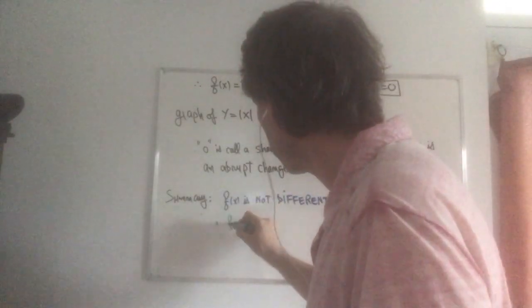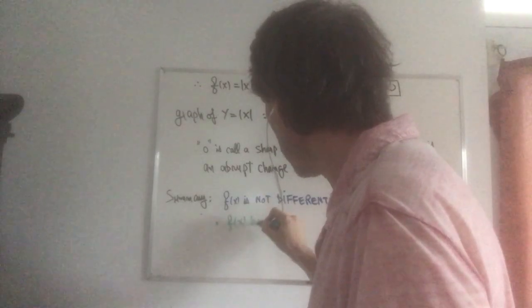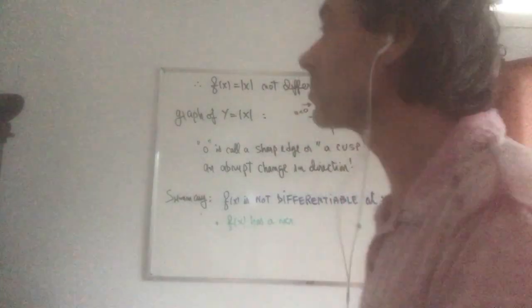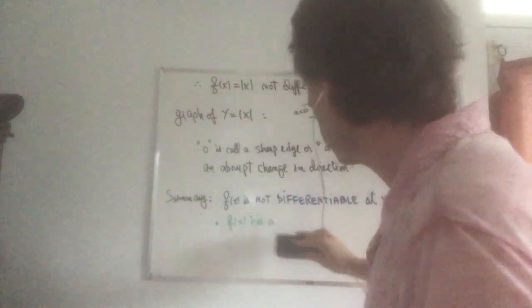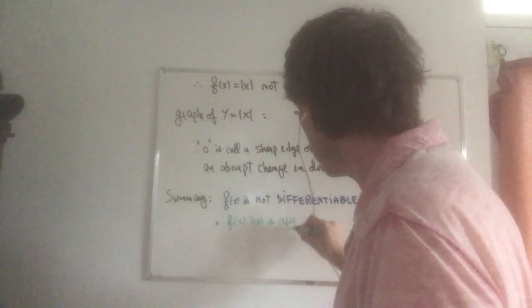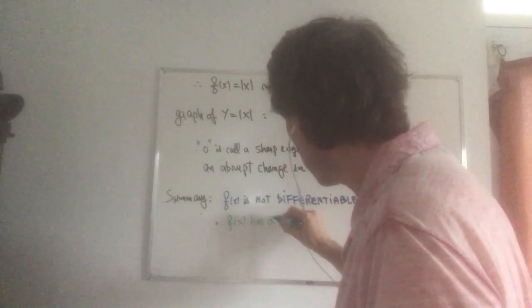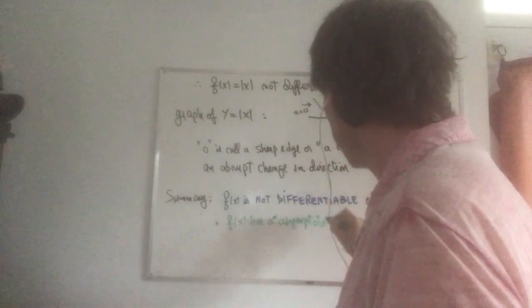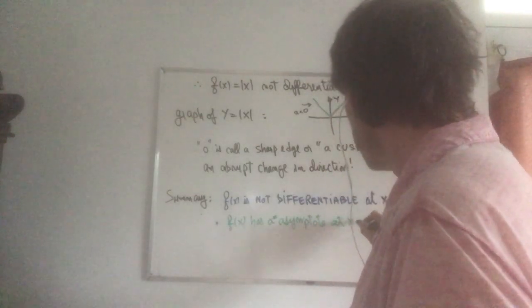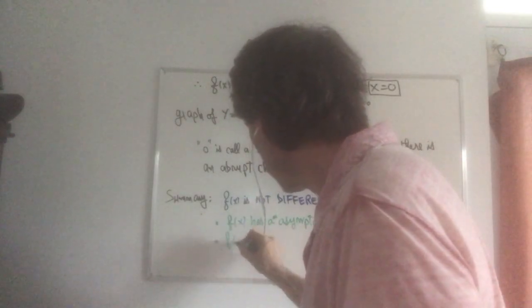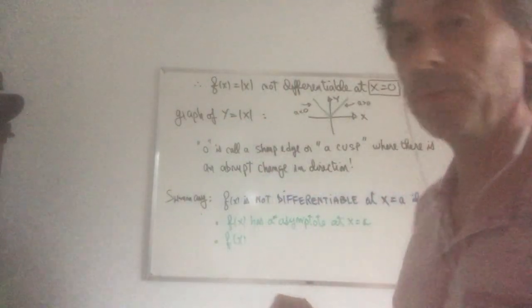If f has an asymptote at x equals a. It's vertical, but it's understood.